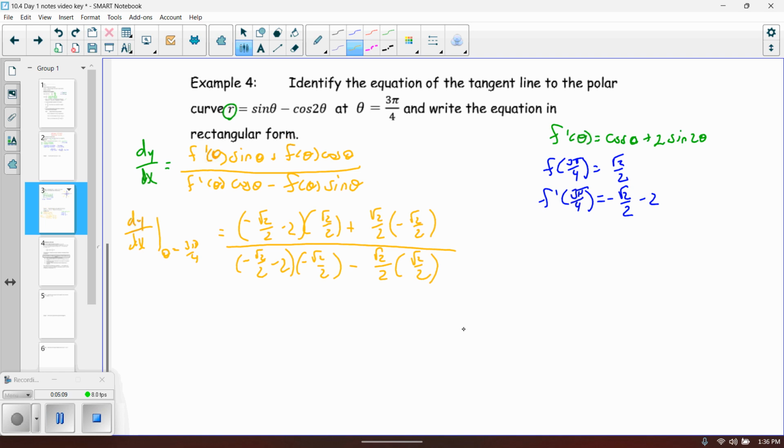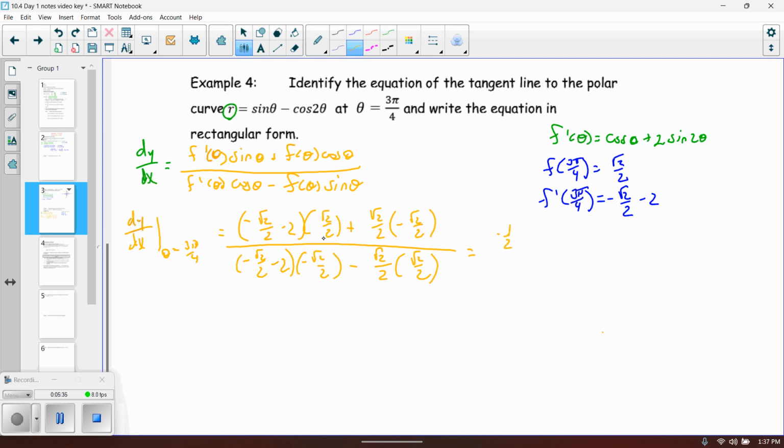Yes, that is the derivative. Yes, technically that is mathematically correct. It is not very usable at this point, so let's simplify it the best that we can. If we distribute the negative root 2 over 2 into the parentheses, we should get, let's see, distributing the first one here, that's going to give me negative 2 over 4, so negative 1/2.